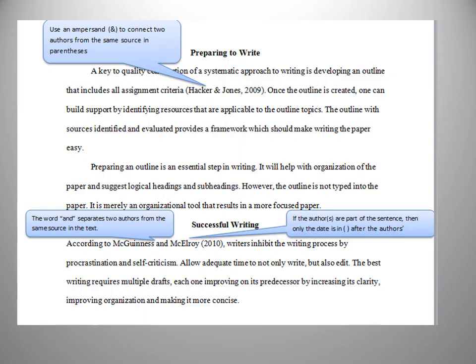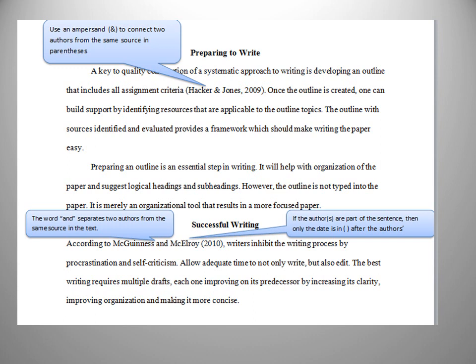So here's some samples of in-text citations. And here you're going to notice 2 different forms. In this first one, my authors are Hacker and Jones. So this information here was gained from Hacker and Jones, and there's the year of the article being published.